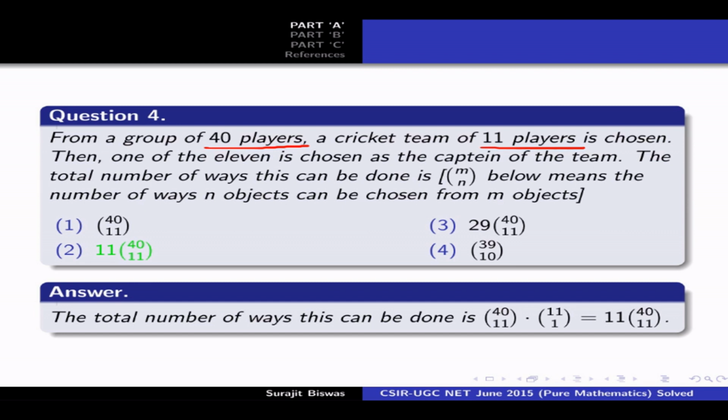From 40 players, one can choose 11 players in 40 choose 11 ways, and after the 11 are chosen, one can choose the captain in 11 choose 1 ways. So the total number of ways this can be done is 40 choose 11 times 11 choose 1, that is 11 times 40 choose 11. So the correct option is this.